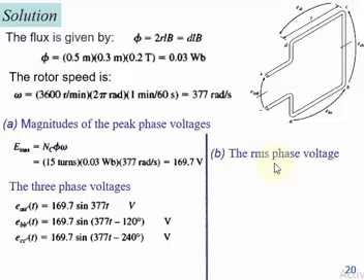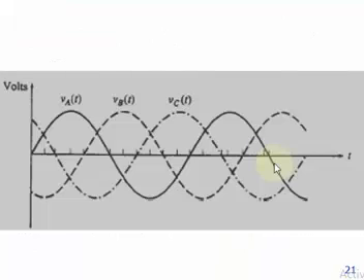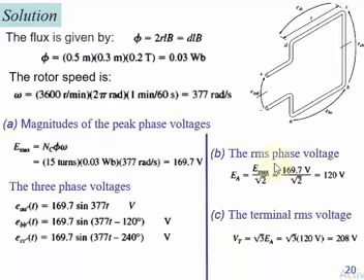Now we come to part B of the example, where the RMS phase voltage is calculated by dividing the maximum voltage by under root 2. In part C, we again use the formula for terminal RMS voltage, according to the Y connection used in this example.